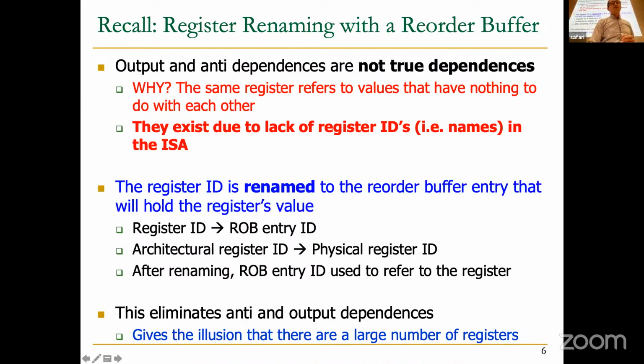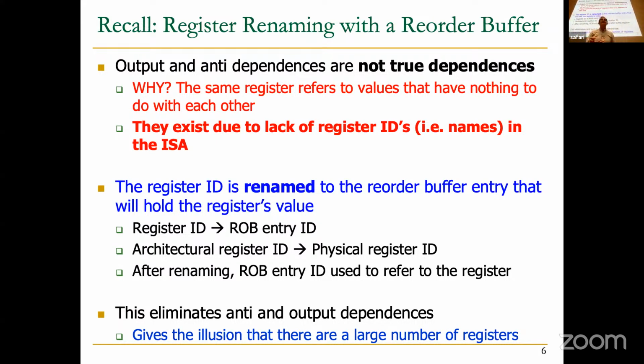And this also gives the illusion that there are a large number of registers. Because of the ISA, you have a limited number of architectural registers because the instruction encoding is limited. But now you expand the register space by renaming that architectural register space to a much larger physical register space or microarchitectural register space called the reorder buffer yesterday.